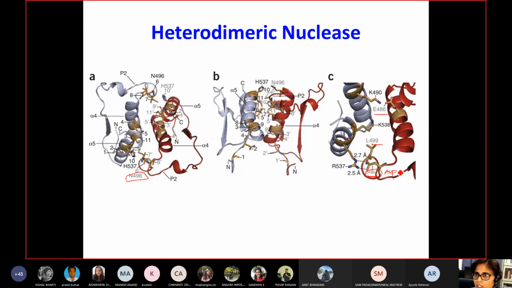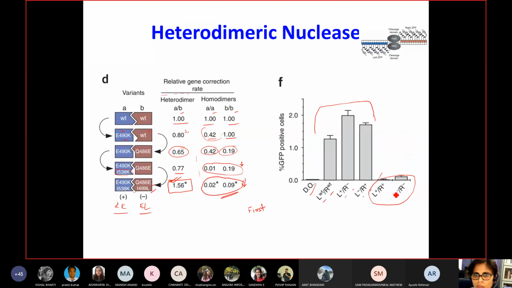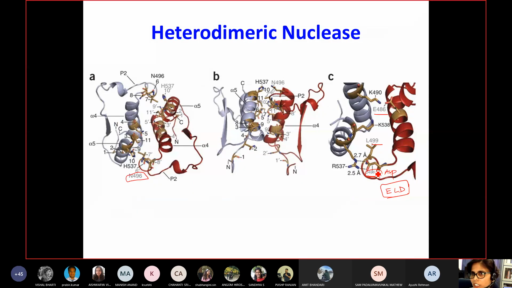So now this whole mutant is named ELD. This one monomer contains these three amino acid changes. So here one monomer had the EL mutant and another monomer had the KK mutant. Whereas in this case, now after changing the asparagine to aspartic acid, you have the ELD mutant, and in the other case arginine 537.